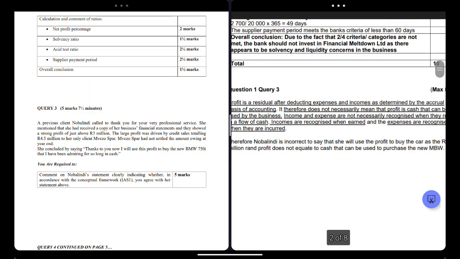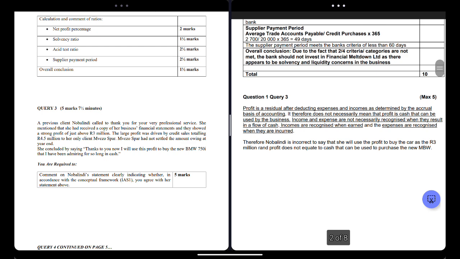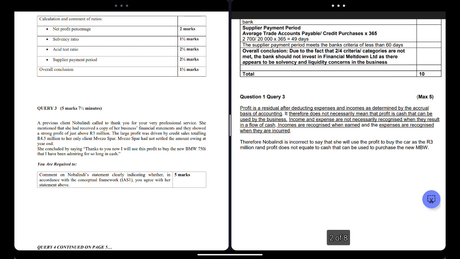Okay, so there we go. You get 5 marks for this. The profit is a residual after deducting expenses from income, as determined by the accrual base of accounting. Another way to say it is that net profit is income minus expenses, all recorded according to the accrual base of accounting.